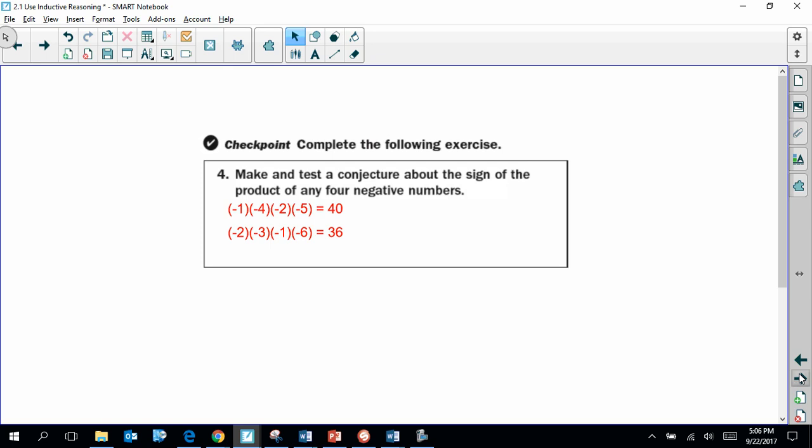Next set of numbers I multiplied together to get a 36. And what I'm noticing is that even though all the numbers that I'm multiplying with are negative numbers, the product, the end result, is positive. So the conjecture that I wrote says the product of any four negative numbers will be a positive number.